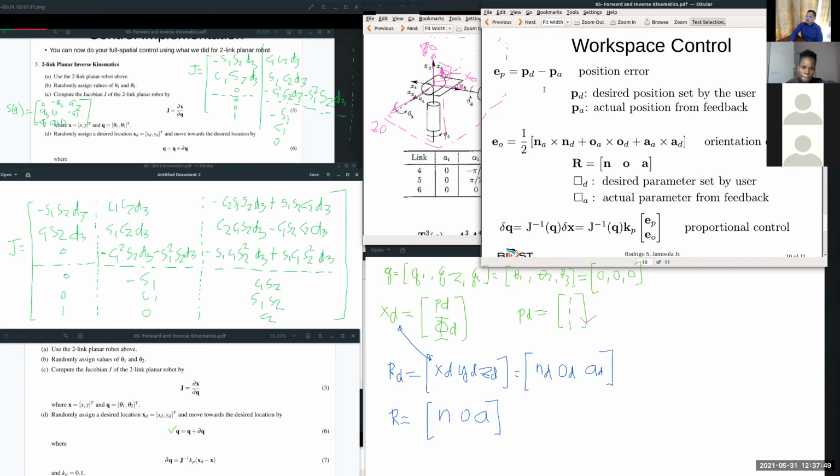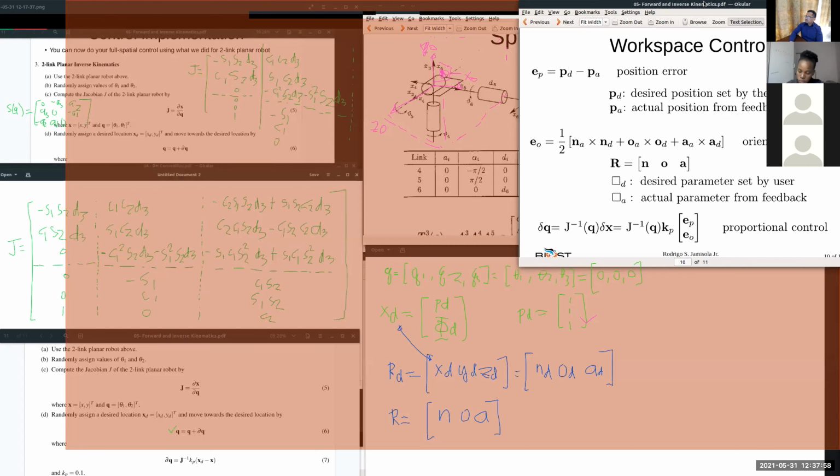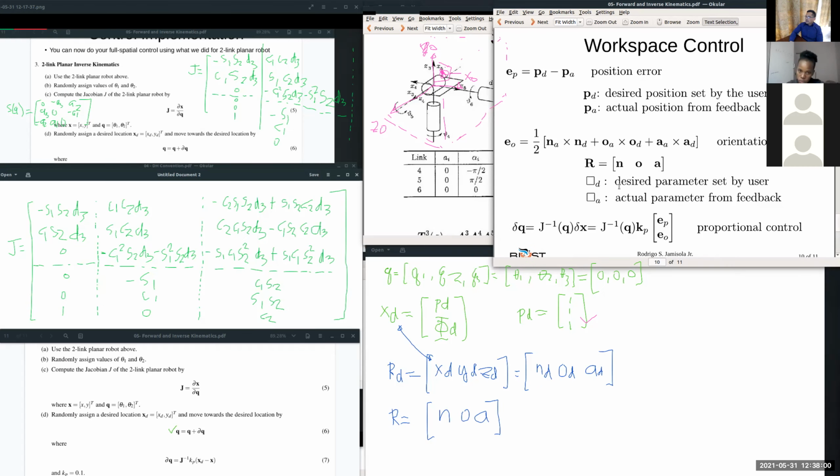The desired position is 1, 1, 1. The actual position is computed using the transformation matrix. And then the desired orientation against the actual orientation. Let's start so that it will be much clearer for you.